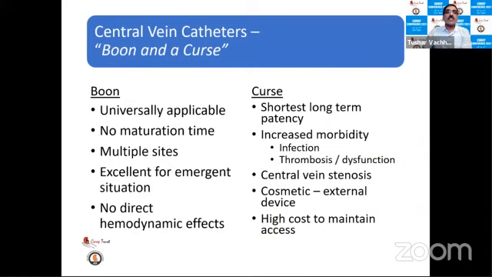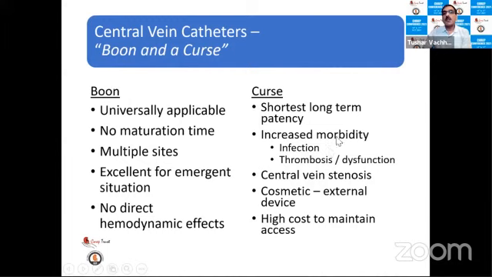Catheters are certainly a great advantage, but they also have a lot of challenges. They help in providing immediate dialysis in an emergent situation, and there's no maturation time, unlike a fistula, which requires anywhere from 3 to 4 weeks after surgery to be used. On the other hand, the catheter comes with a lot of complications.